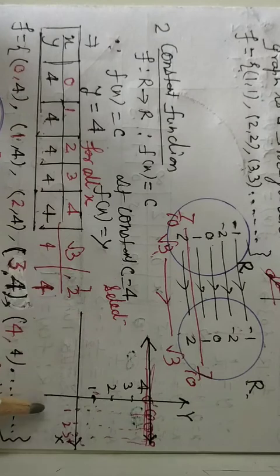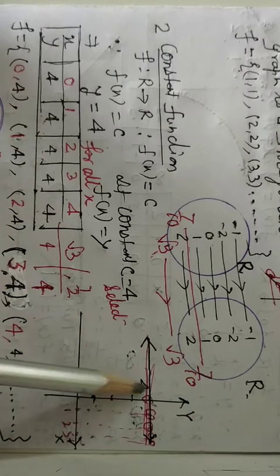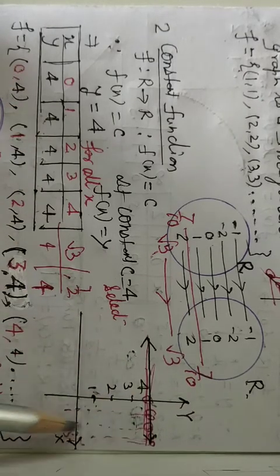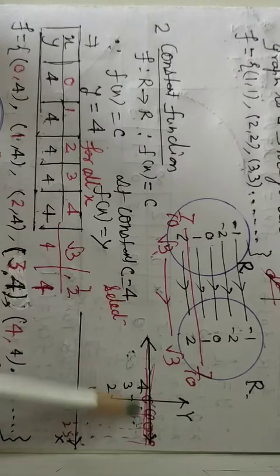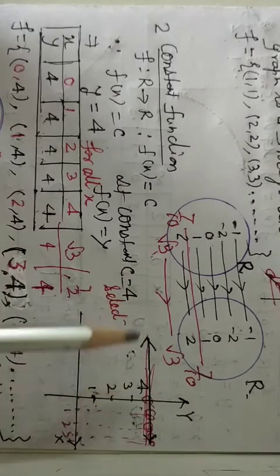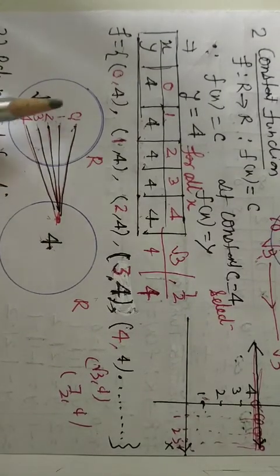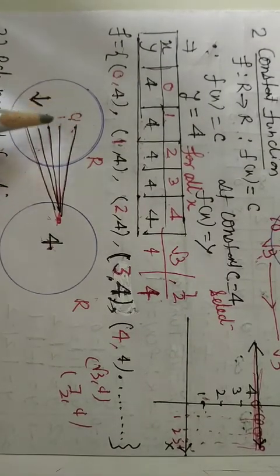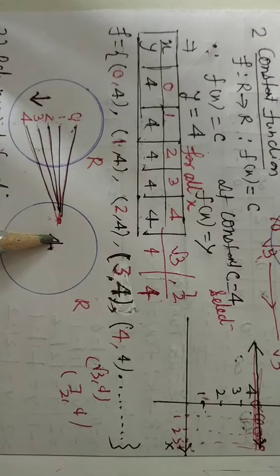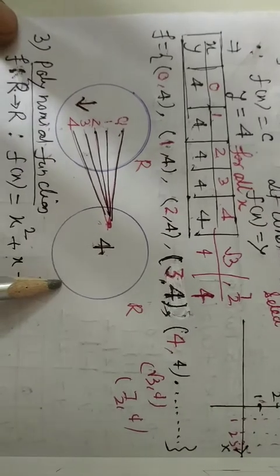Y is always 4. So this is a parallel line. Now if you display it with the help of an arrow diagram, then all of 0, 1, 2, 3, 4 will go to 4. This is called a constant function.